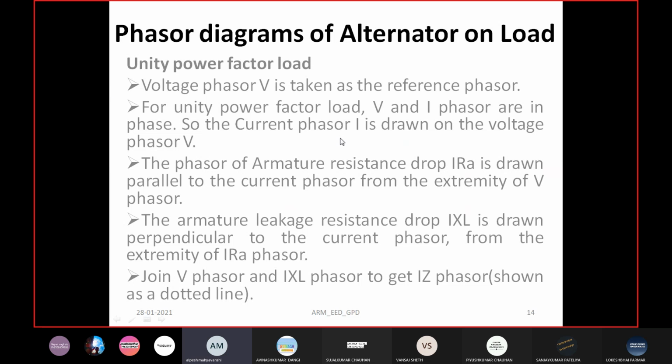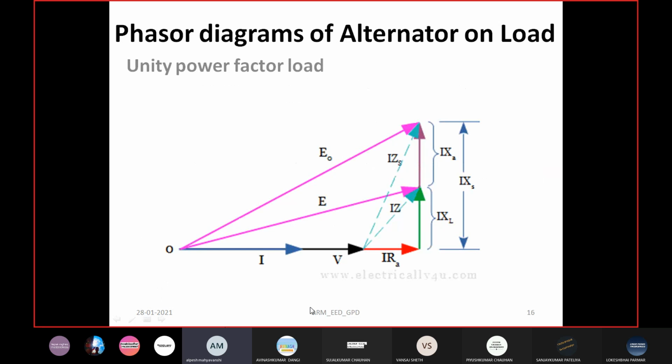It is added at the extremity of the V phasor, the end point of the voltage phasor. So this is the A point, this is the B point, and AB is the IARA phasor.